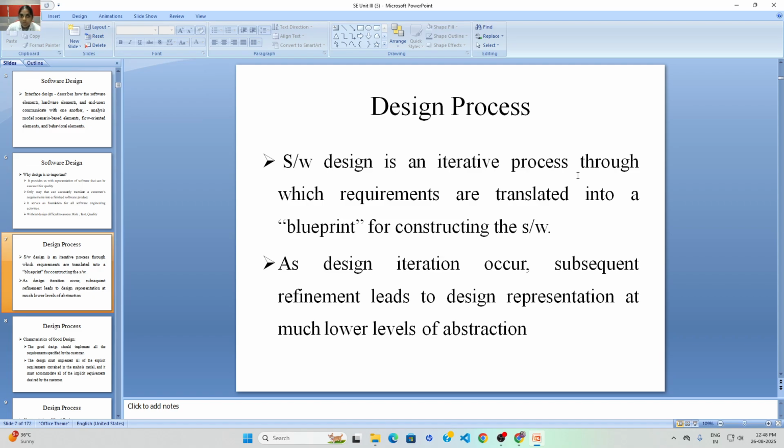That means we have already analyzed, and we have to design this software likewise. At that time, from the same model itself we are going to develop the software and design it. As design iteration occurs, subsequent refinement leads to design representations at a lower level of abstraction.